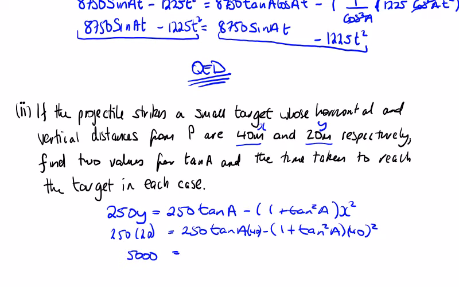So 250 by 40 is 10,000. So 10,000 tan A minus 1 plus tan squared A. You could do this in one step if you wanted. By 40 squared is 1600.